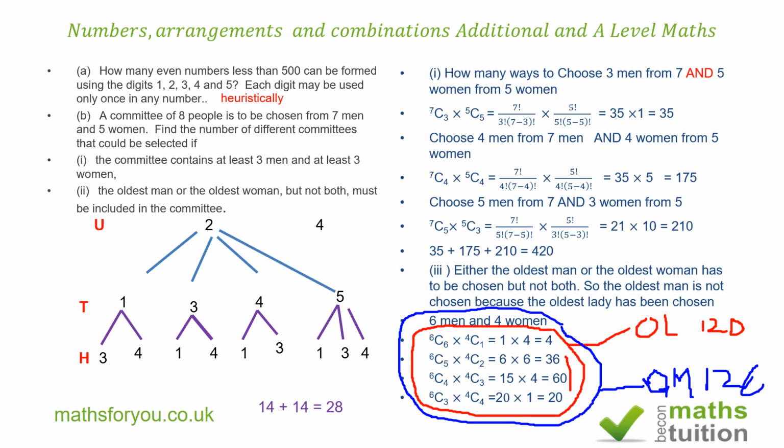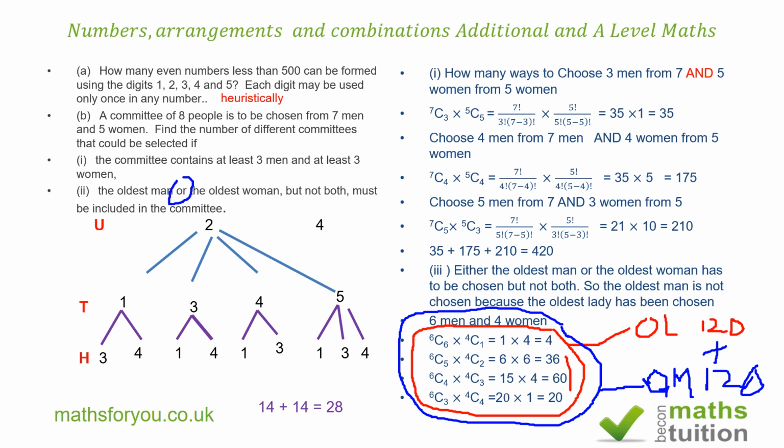Now, don't forget that the question says the oldest man or the oldest woman, which implies that we have to add these two, because the word "or" suggests addition, if you remember our topics on probability.